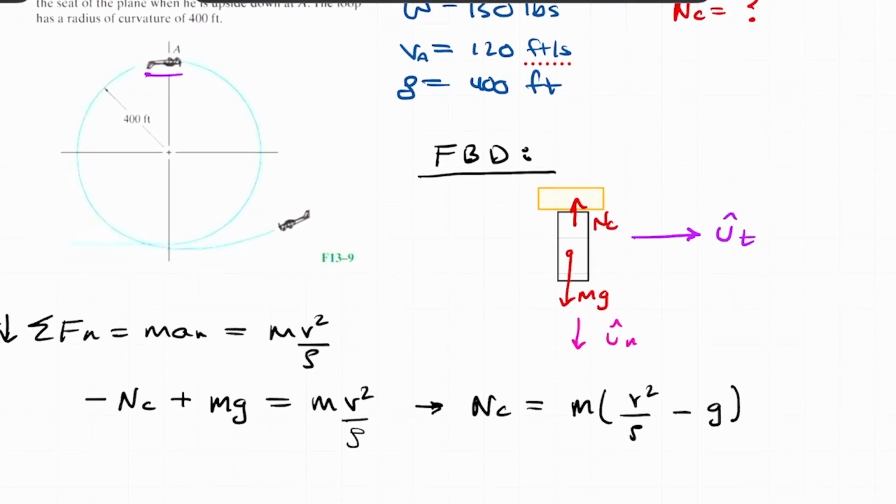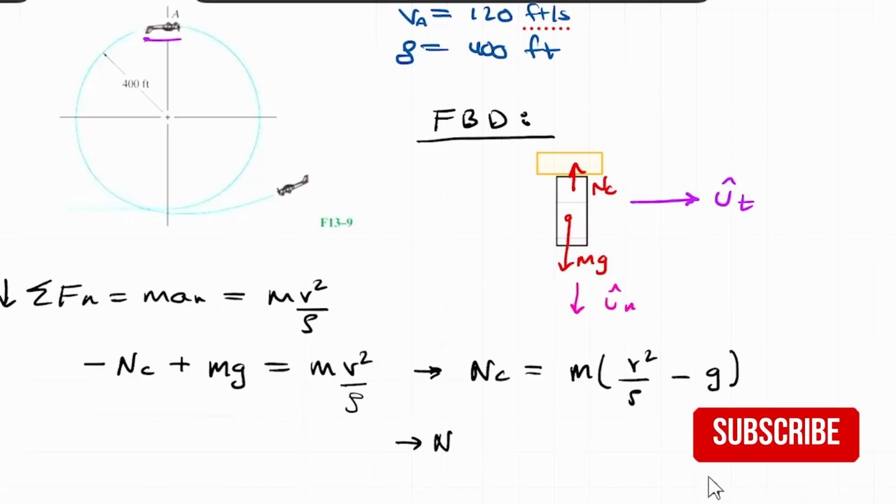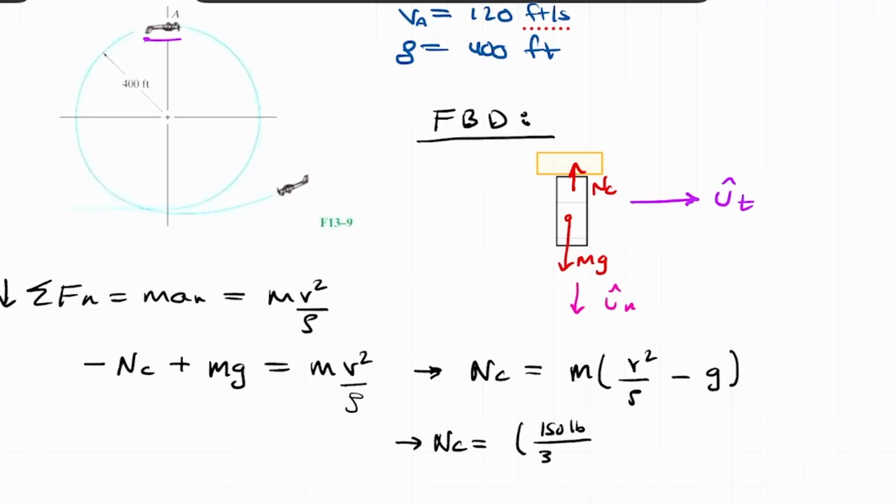So plugging in everything, we are going to get the normal force is equal to 150 pounds divided by 32.2 feet per second squared, once again because we were given the weight, not the mass. And this is times 120 feet per second, everything squared, divided by the 400 feet of the radius, minus 32.2 feet per second squared.